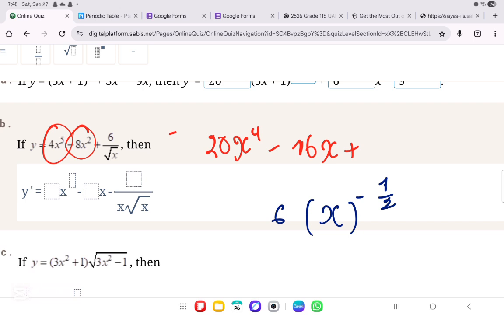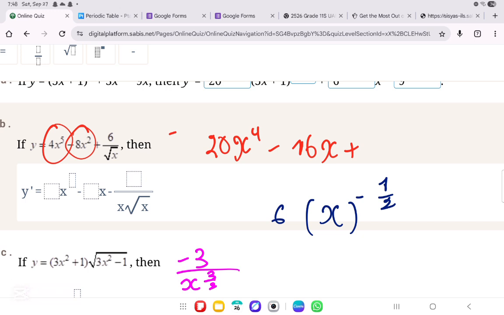All right, let's take the derivative of this. It's going to be 6 times minus 1 over 2 times x to the power of minus 3 over 2. So it's going to be minus 3 times x to the power of minus 3 over 2. That's basically minus 3 over x to the power of 3 over 2. We said if the exponent is an improper fraction, we need to change it to a proper fraction.